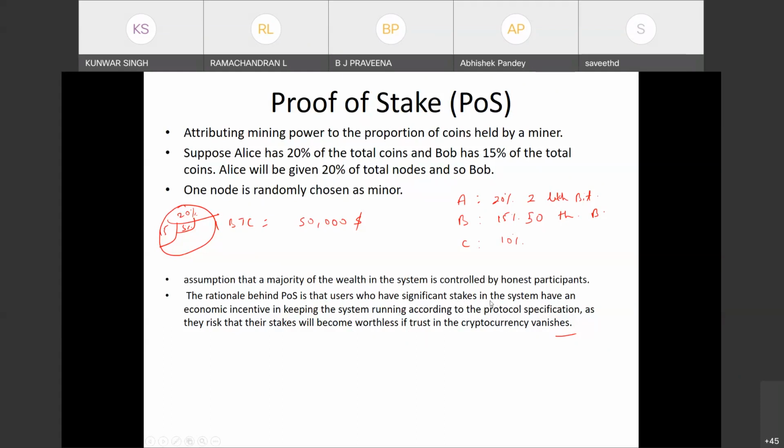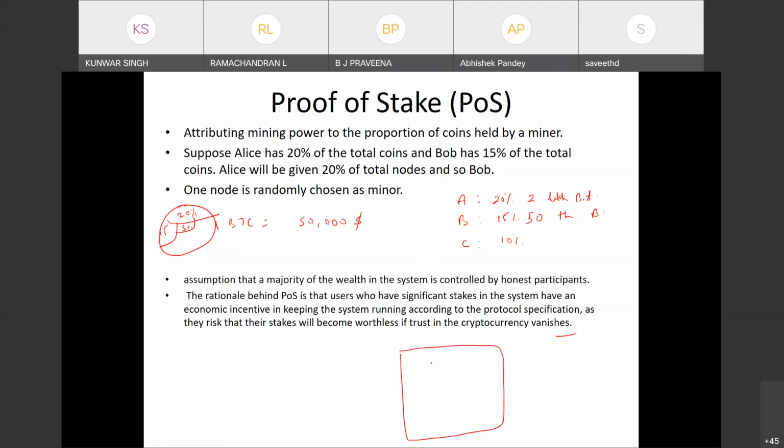Because of this, in proof of stake they give mining rights to the people who have stakes in the system. Those who are already holding 20% or 50% can mine. Those who have 0 stake can't mine.